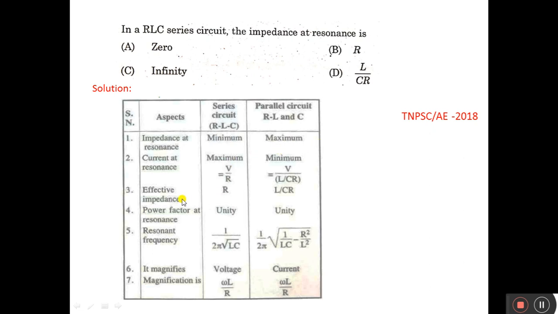So accordingly, the effective impedance is R. For a parallel RLC circuit, it is L by CR. So accordingly, the answer is B. The impedance at resonance is R. So answer is B.